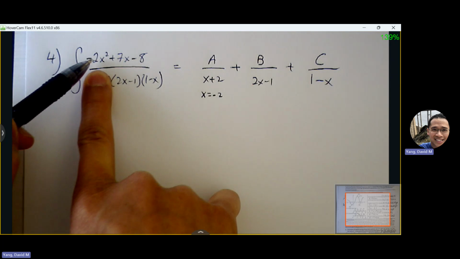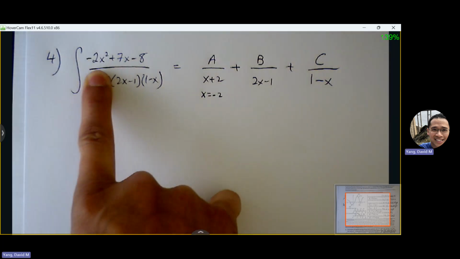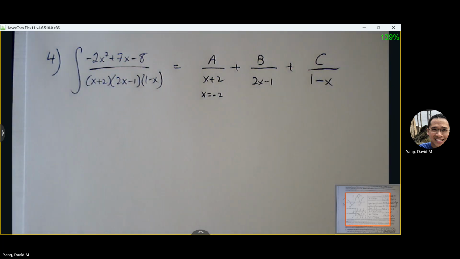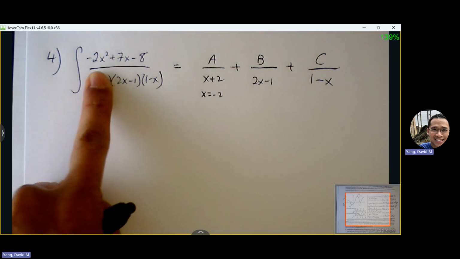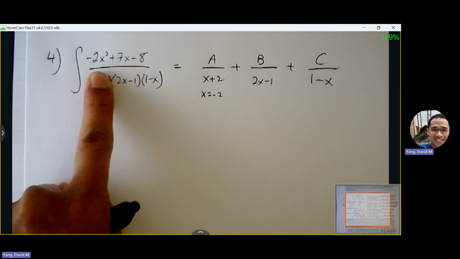I'm going to get -8 minus 14, and my denominator is going to be -5 times -3.